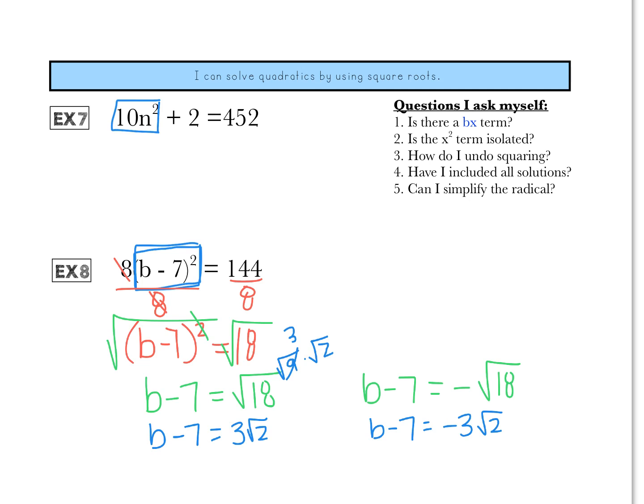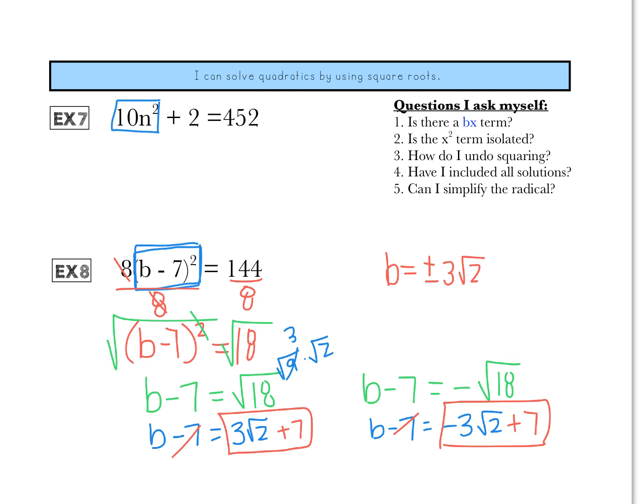All right, so to solve for b, I simply have to add 7 and add 7. So my answer is b equals, and if you notice, I have a positive version of this and a negative version, so I can write it as 7 plus or minus 3 root 2. And those are my two solutions to that square root problem.